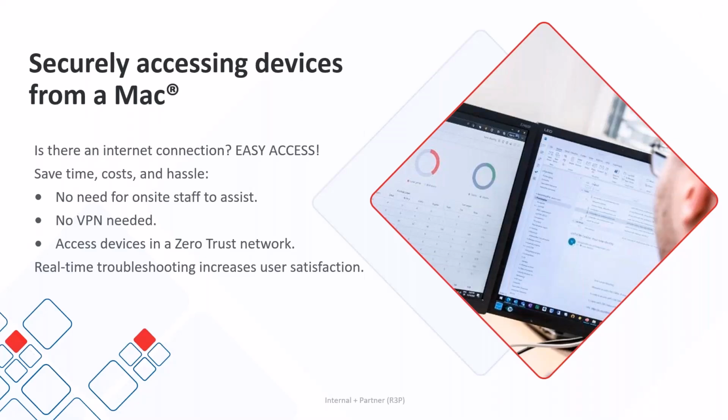If there's an internet connection, you're good to go. No VPN, no on-site staff, just real-time troubleshooting that saves time, cuts costs, and keeps users extremely happy, even in a zero trust environment. So with the remote access covered, we'll shift gear and look at public printing from shared Macs.